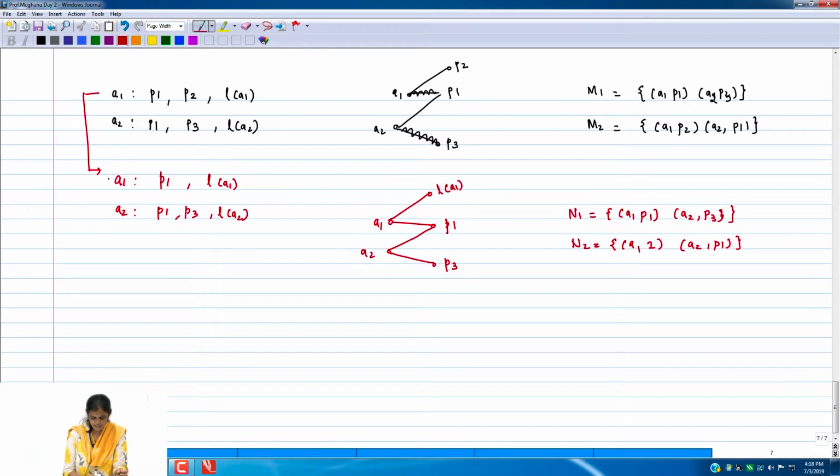So we will say that this change of preferences is certainly not benefiting the applicant A1. So what would A1 want to do in such a case?